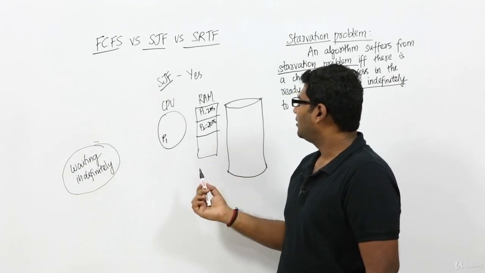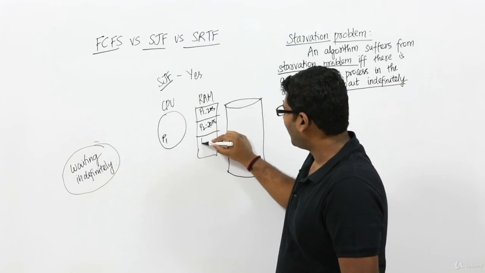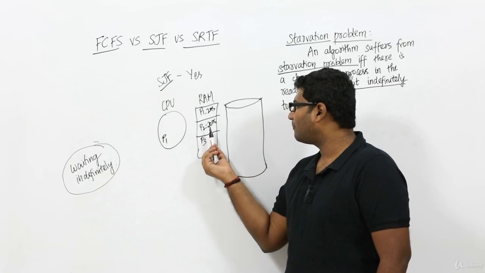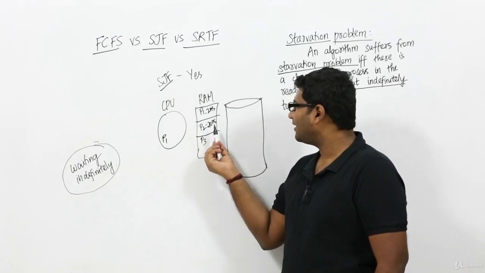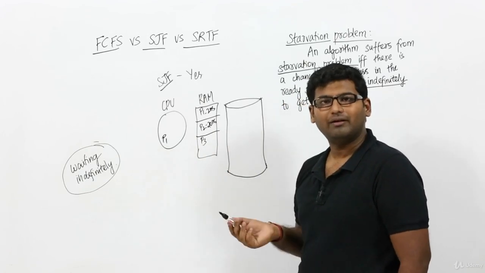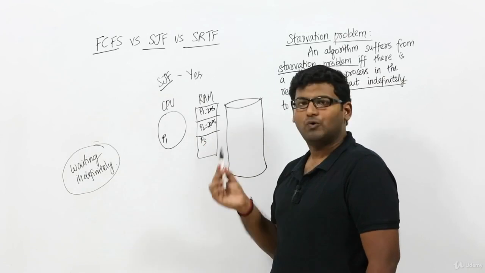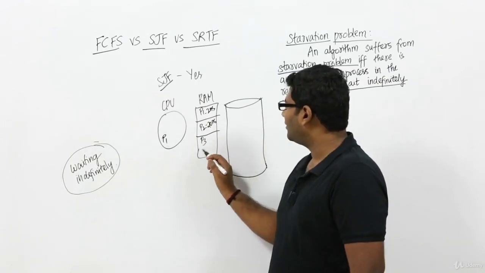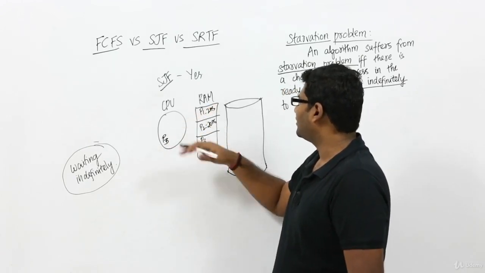But let us assume before P1 completes, there comes a new process, say process P3, whose priority is higher than that of P2, which means the execution time of P3 is less than that of P2. Then what will happen? After P1, P3 will be scheduled, making P2 wait.